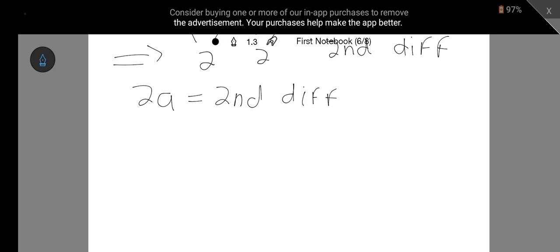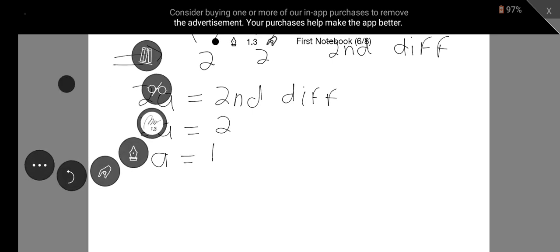Now in this case, what is our second difference? It is 2. So we're going to say that 2a is equal to 2. Now we'll divide both sides by 2 and we'll get our a as 1. This means that a is equal to 1.